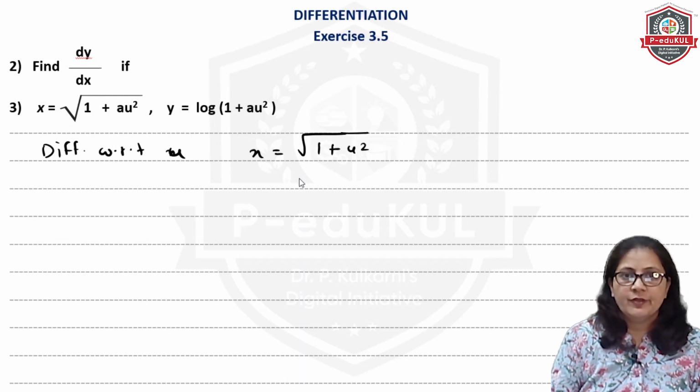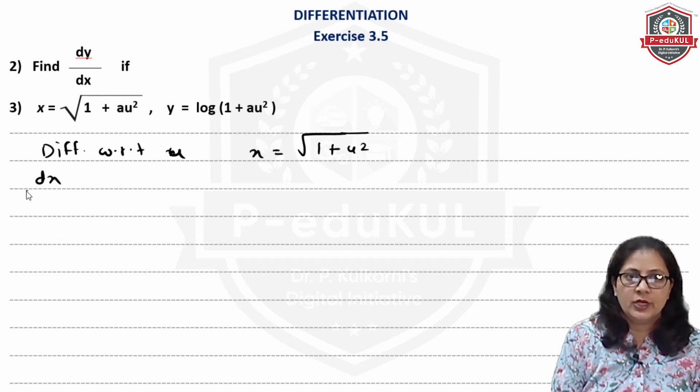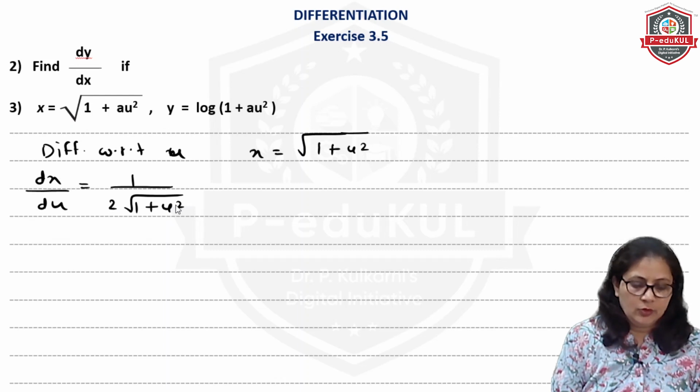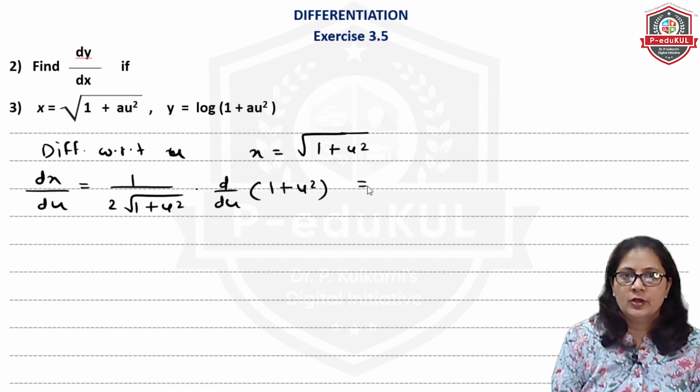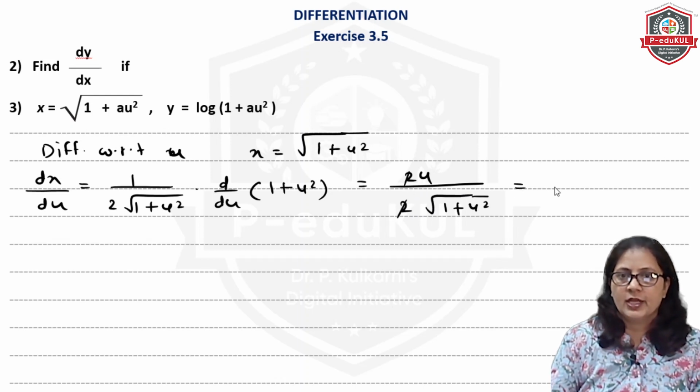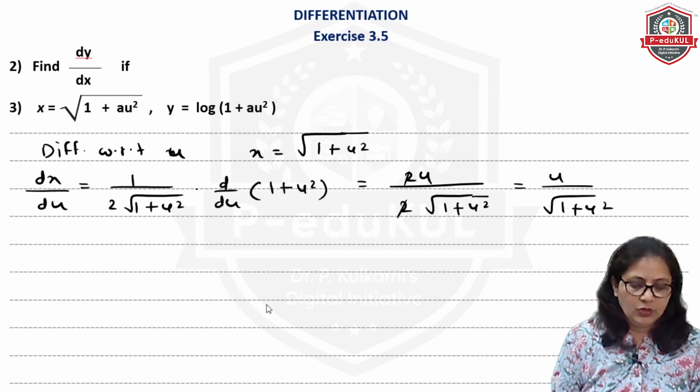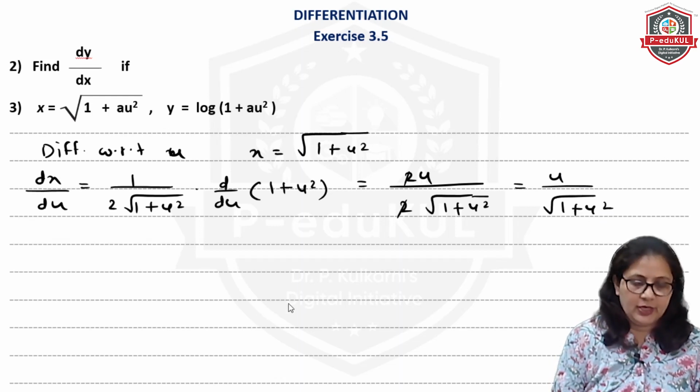Okay, so if I differentiate this with respect to x, what I will get it 1 upon 2 root 1 plus u square into d by du of 1 plus u square. So 1 plus u square का derivative will be 2u and this will be as it is. So this is get cancelled and then u upon 1 plus u square. This is the final answer.